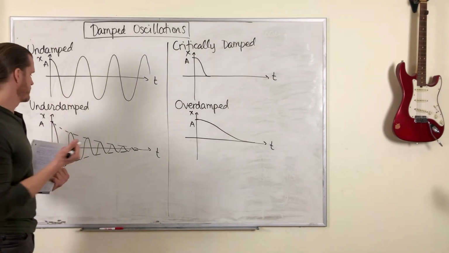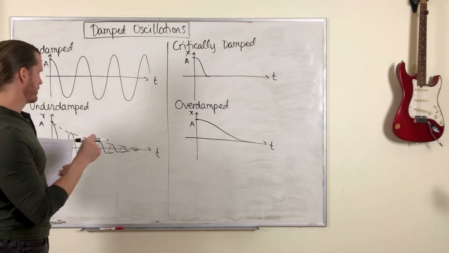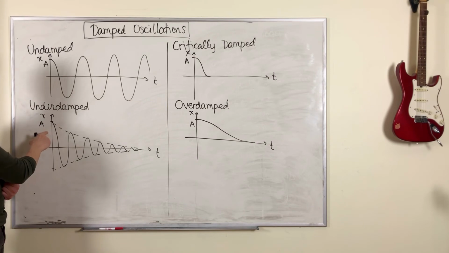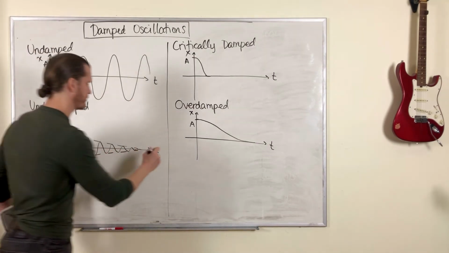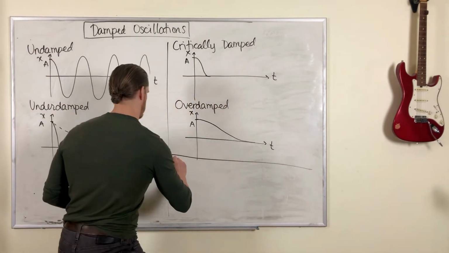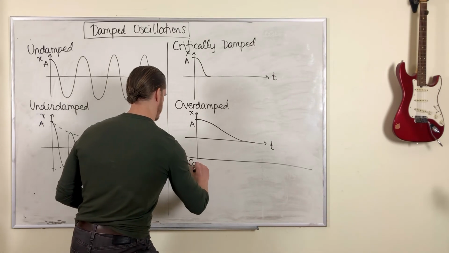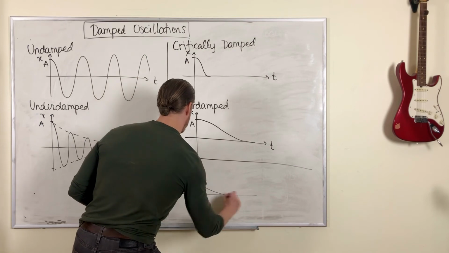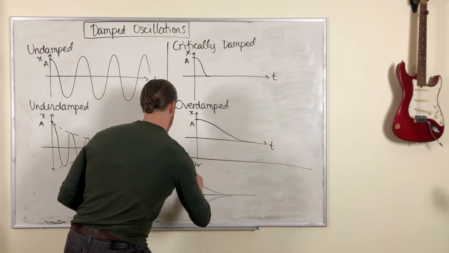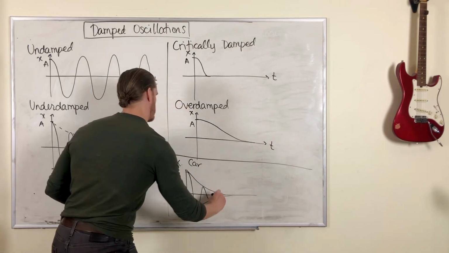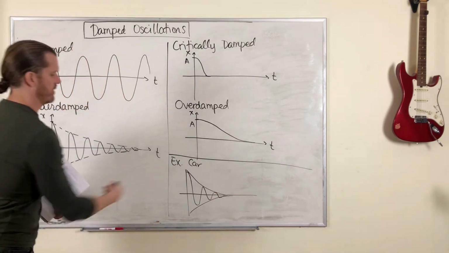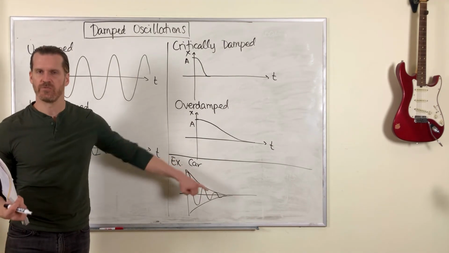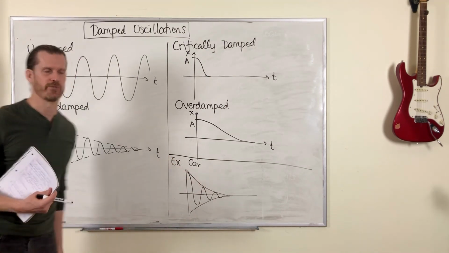Now, in a car, it's usually slightly underdamped, meaning it might look like this. You might do a few wiggles before coming to a complete stop.